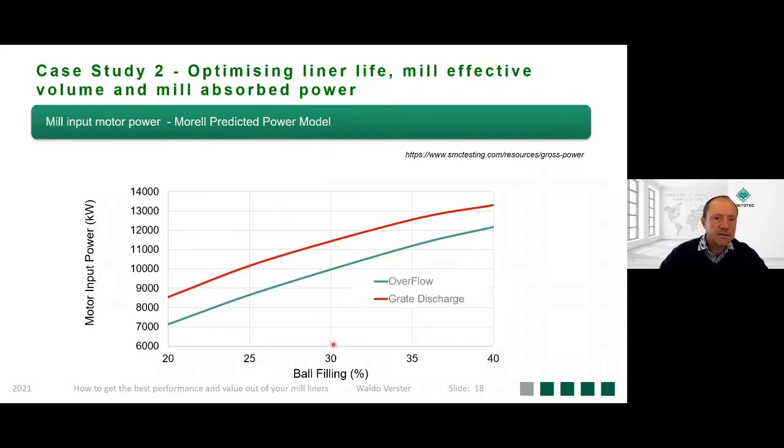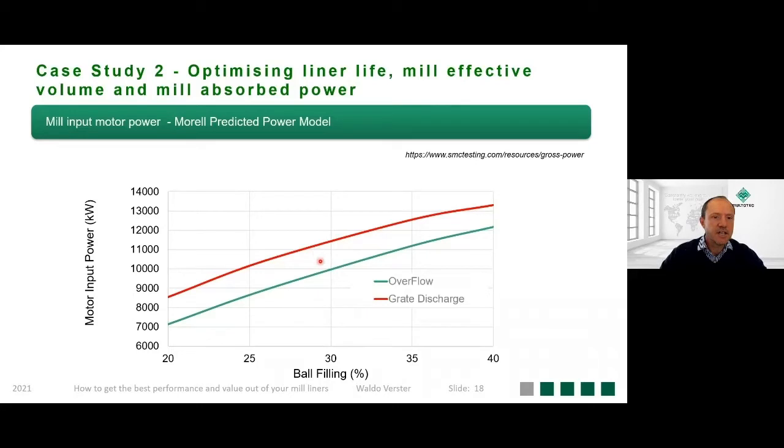If we look at a typical example using this motor input power model, I've done a sensitivity study here, varying the percentage ball filling and then calculating the corresponding input power. You will see there is a significant impact when you vary the percentage ball filling. And interesting to note, the model does account for an overflow discharge and for a grate discharge system.